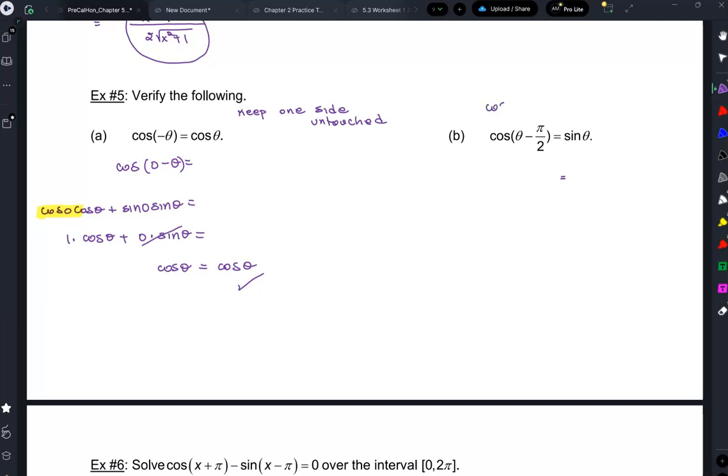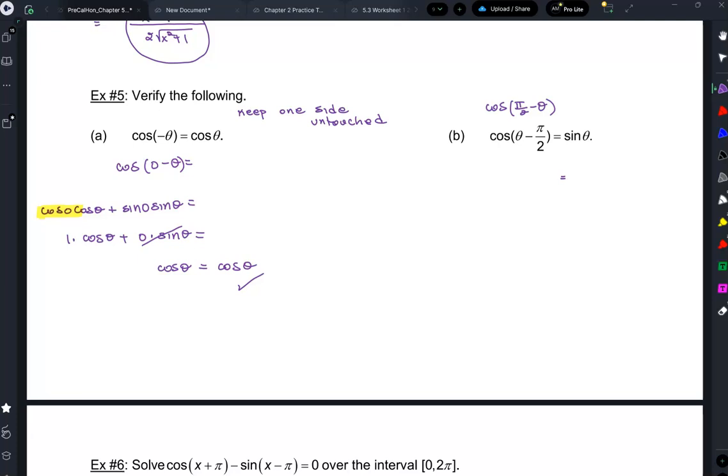In the list of identities, it's always pi over 2 minus theta. But why in this case can we say both of these are the same? Because the minus signs are removed by the cosine. Perfect, because if it's a cosine, you can have the negative of an angle and they're the same.